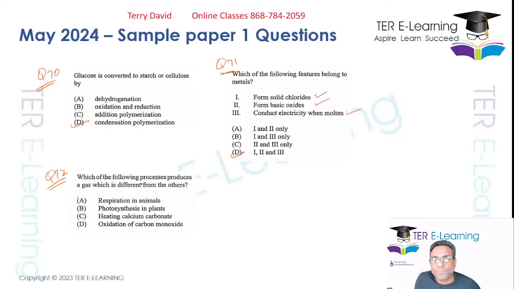What about 72? Which of the following processes produces a gas which is different from the others?